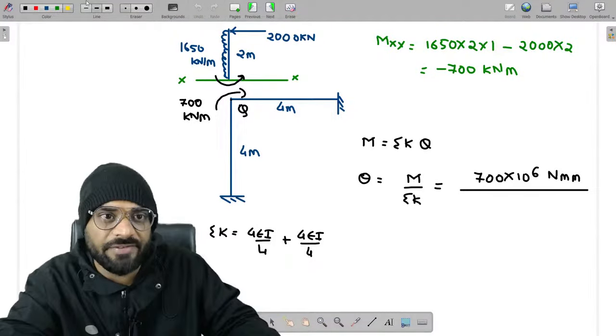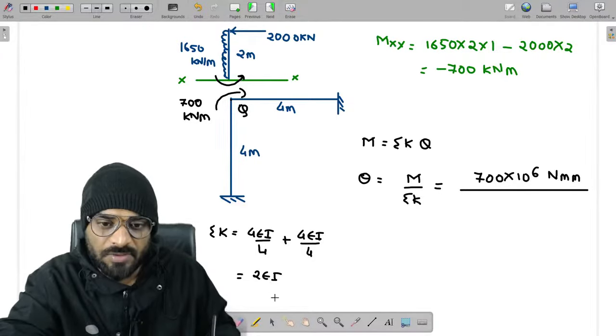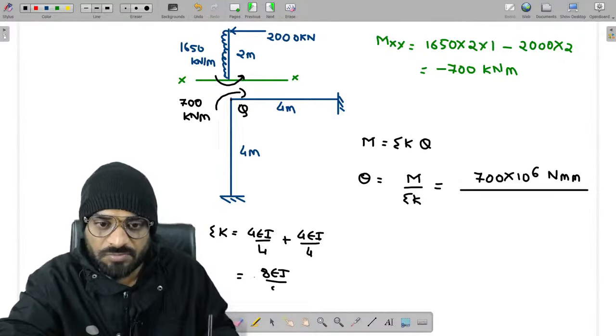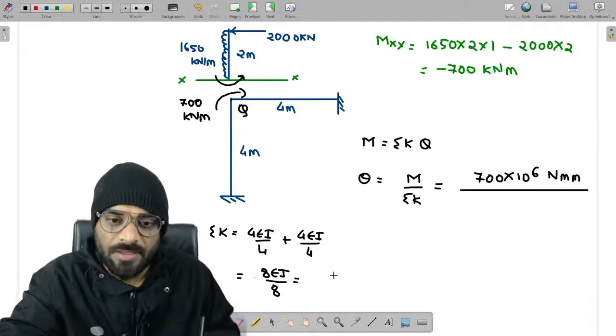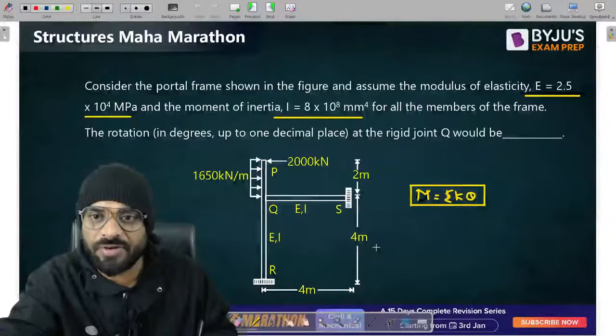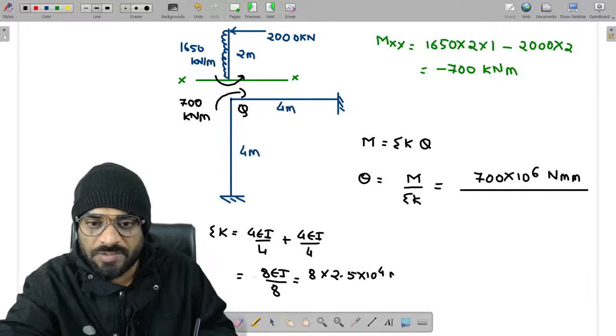So let's calculate the value of summation K first. Or what I will do, guys, I will write it down in this way so that we can correct the dimension also. Clear? Now let's correct it. 8 into E. E value is 2.5 into 10 raised to power 4, which is in Newton per mm square.